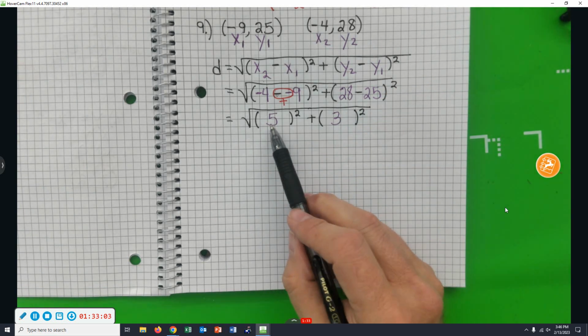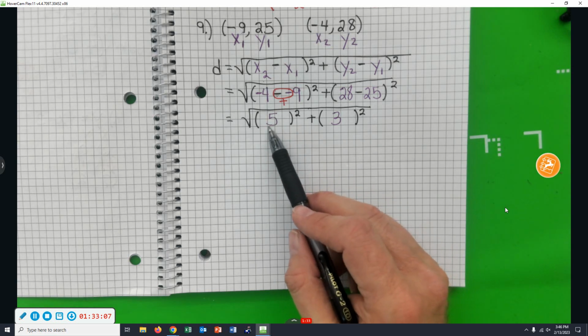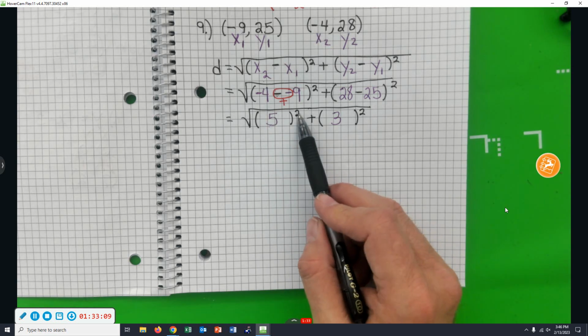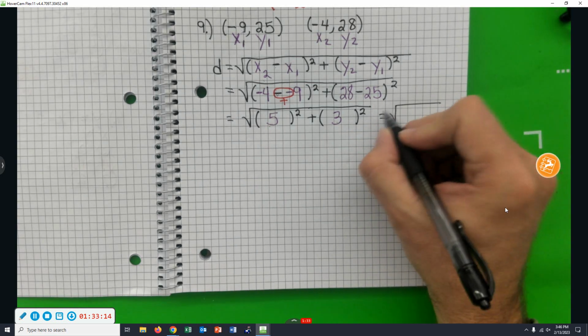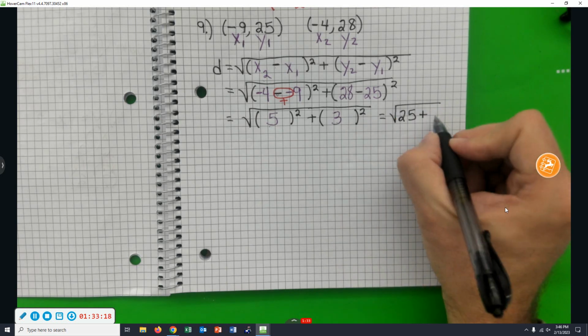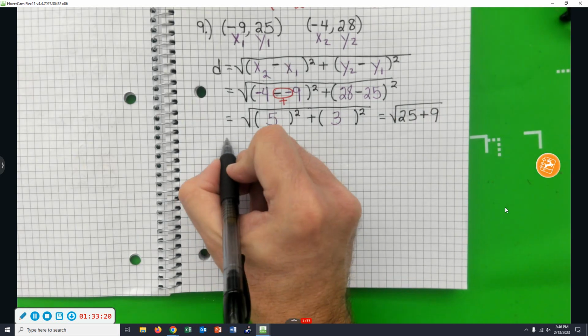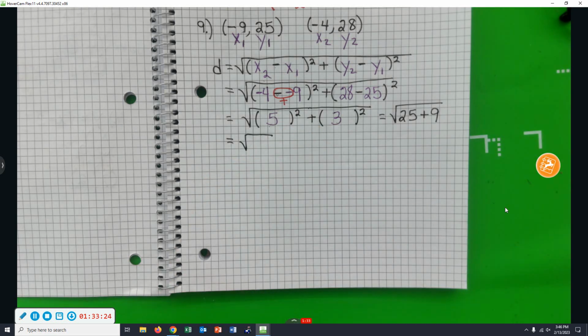Now, simplifying this, 5 squared is 25, 3 squared is 9, so we have under the square root 25 plus 9, which is 34.